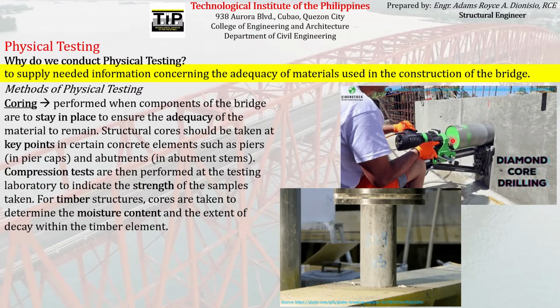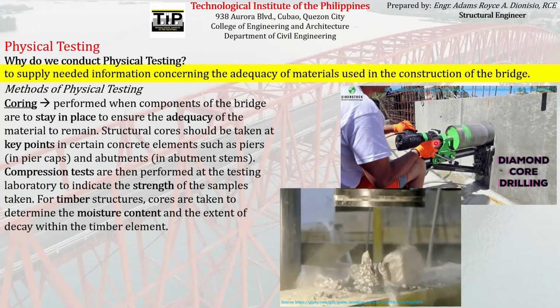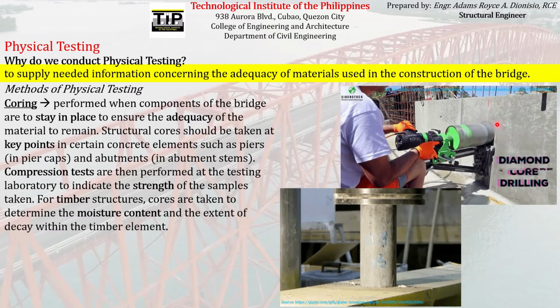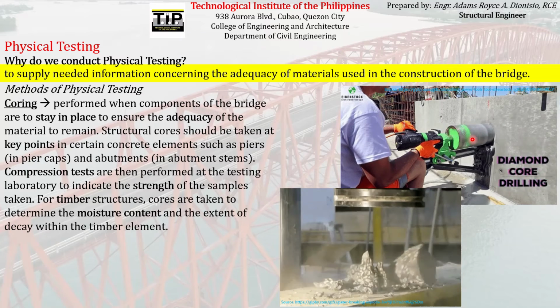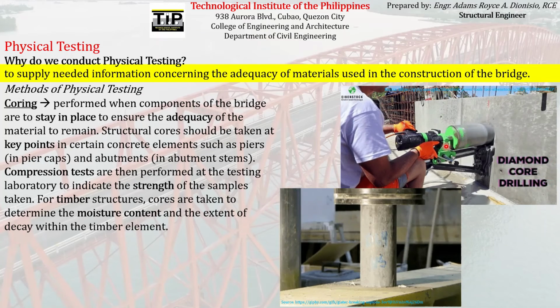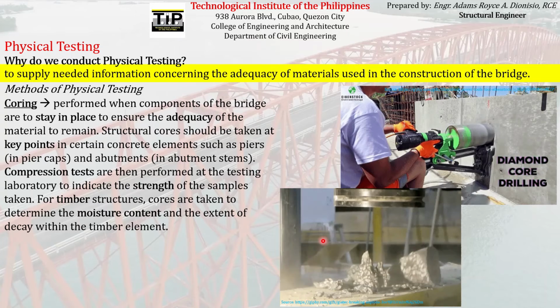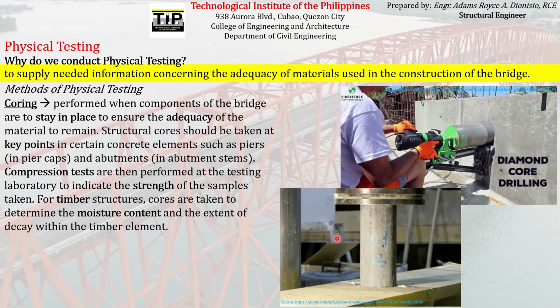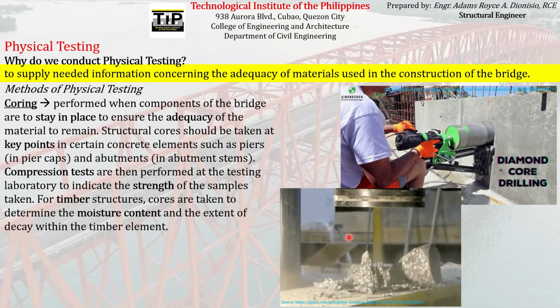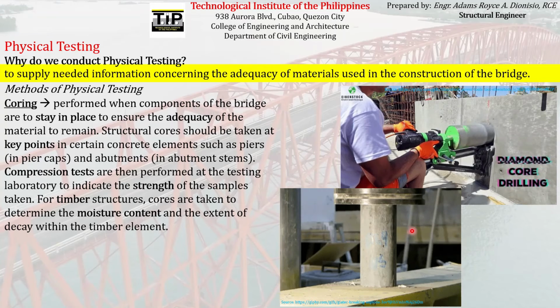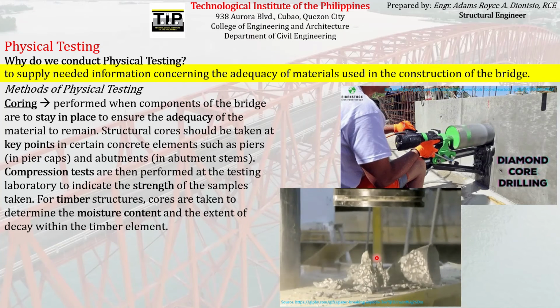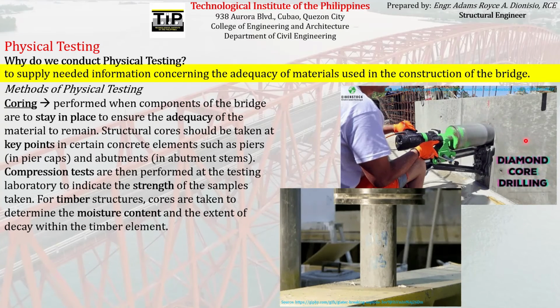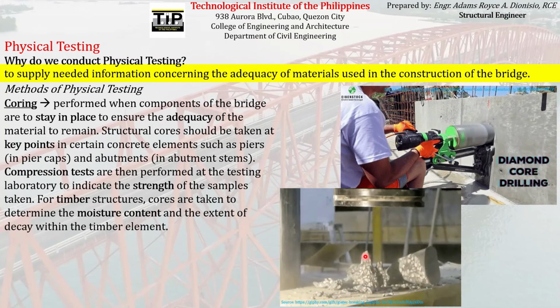We core a hole or drill a hole onto the particular bridge component, and then that core sample will be taken to a testing laboratory and subjected to compression tests so that the performance or the current strength of the whole component will be known.